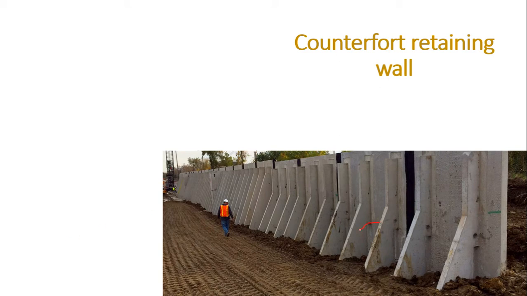This we are going to call the counterfort. Okay, so this is the counterfort structure. This projected part gives more stability, meaning we go for the counterfort wall when the lateral pressures are much higher. To withstand that we need to provide this extra arrangement or extra support in the form of counterforts.